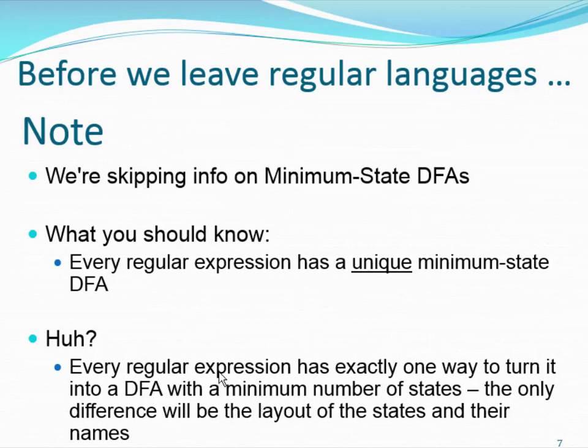And there's only one way to turn it into that minimum state DFA, as long as you don't care about the layout of the states. You can rearrange the states physically and give them different names, but there's some smallest number of states for a given DFA.